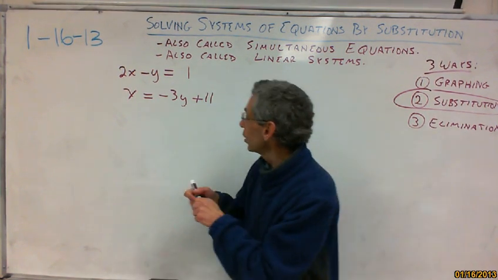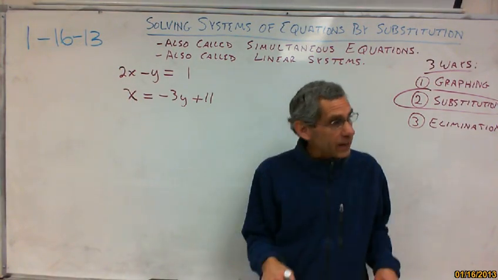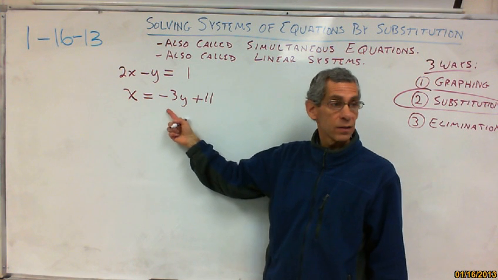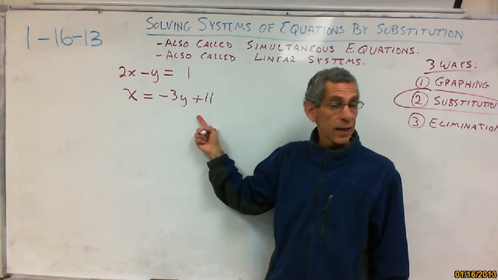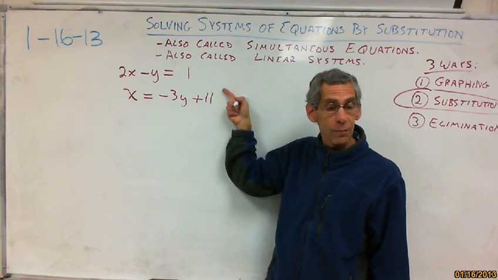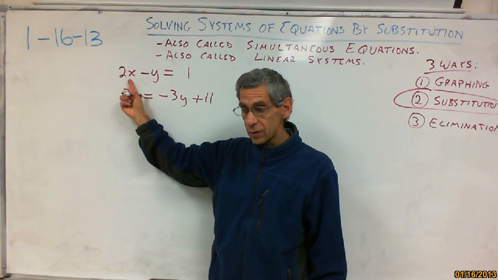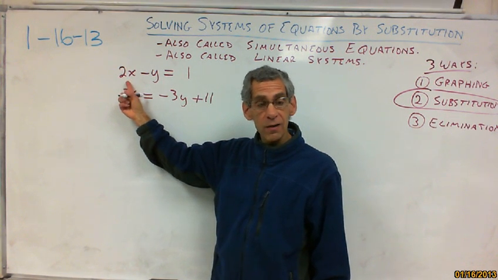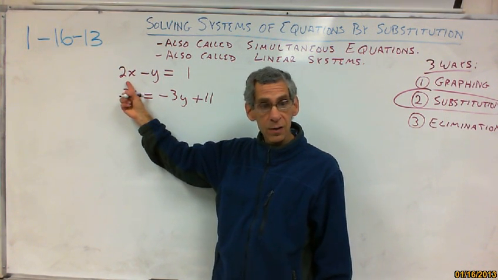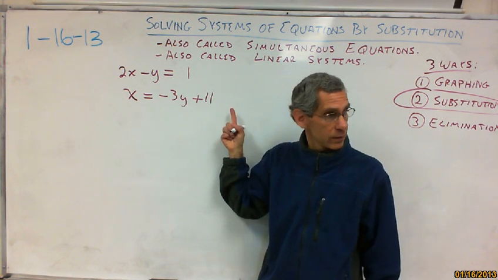The second one. That tells me that x is exactly the same thing as this. And since I'm looking for where x's are exactly the same in both equations, wherever I see an x in the other equation, I could replace it with this. Does that make sense?